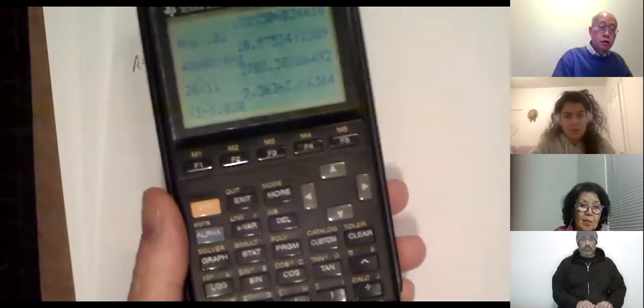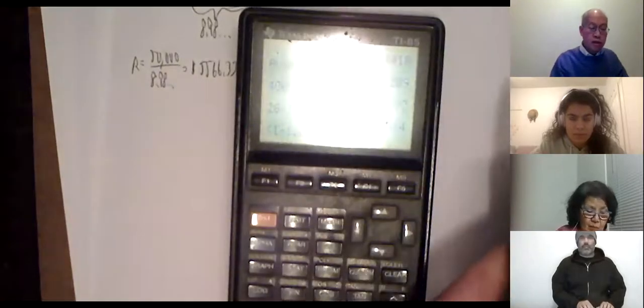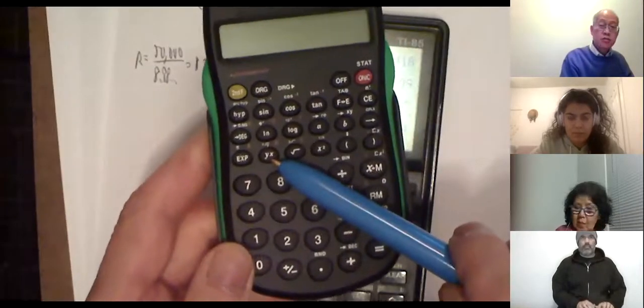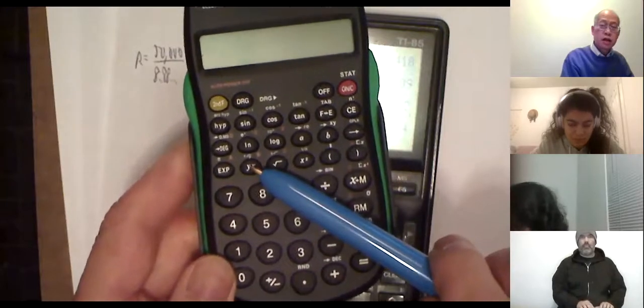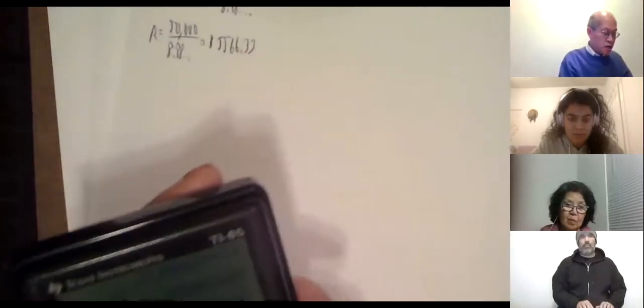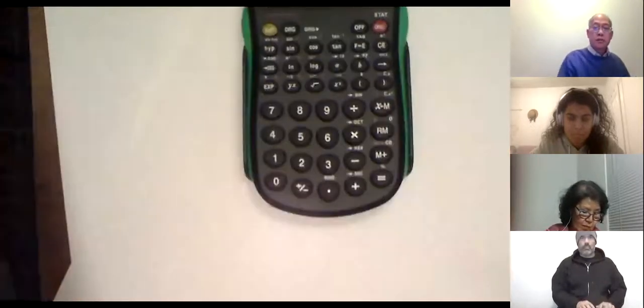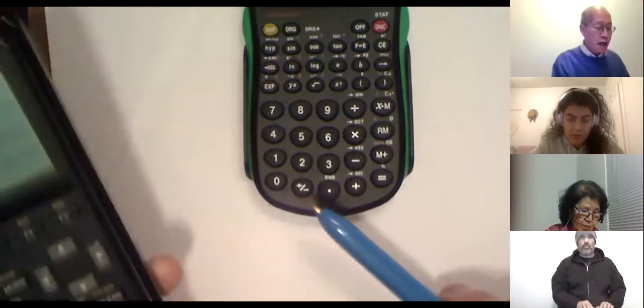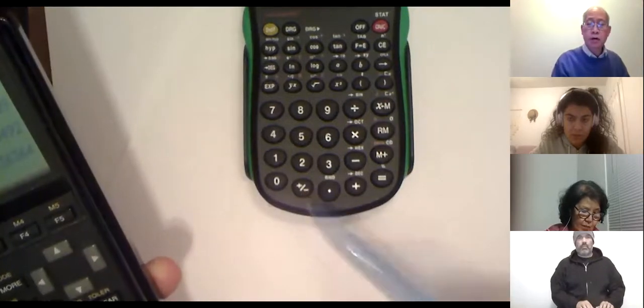If you have a regular scientific calculator, it's y to the x. That's this one. And 1.02 raised to the negative 10. On my calculator, the negative button is here. If you have this kind of calculator, it's a plus or minus, and you actually have to type the plus or minus after the number. So you have to hit 10 and then hit this symbol, and then the negative would pop up.